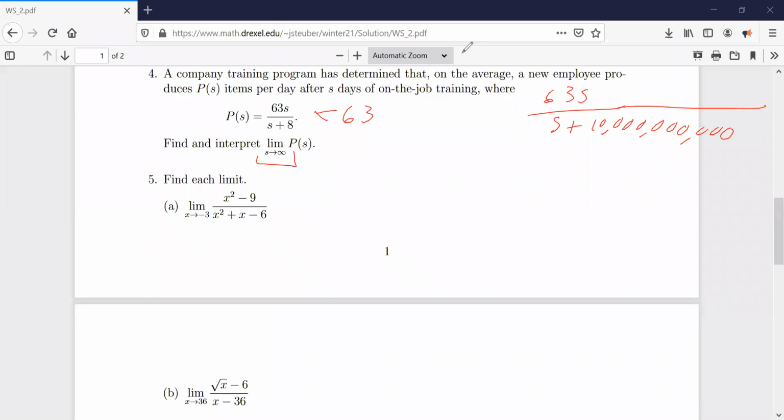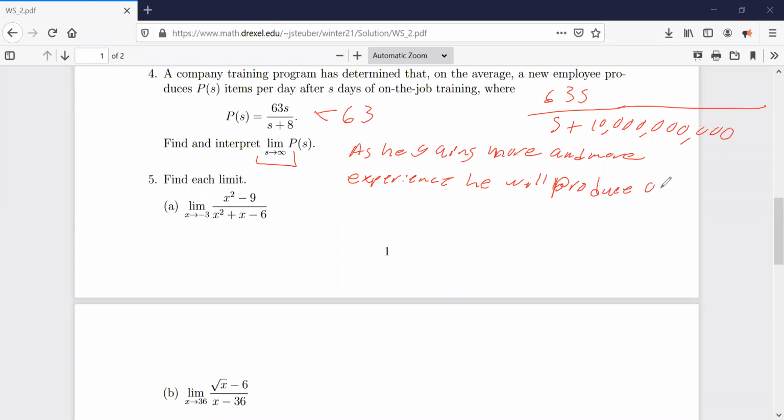So if this were a test, what would be the safest sentence to write? I would probably write something like, as he gains more and more experience, he will produce around 63 items per day.